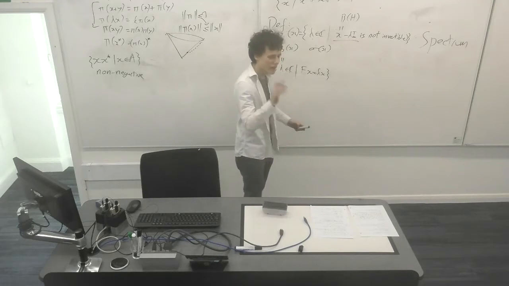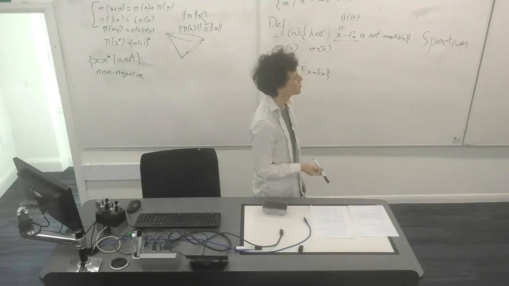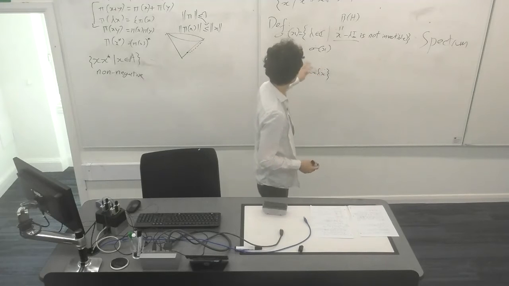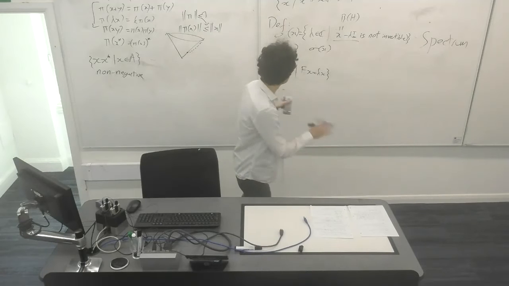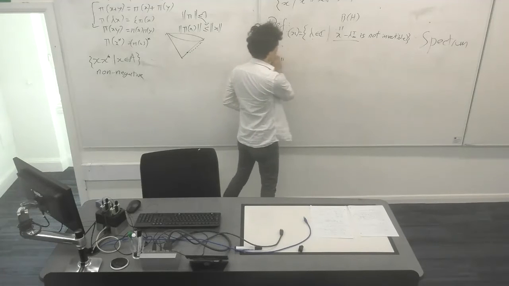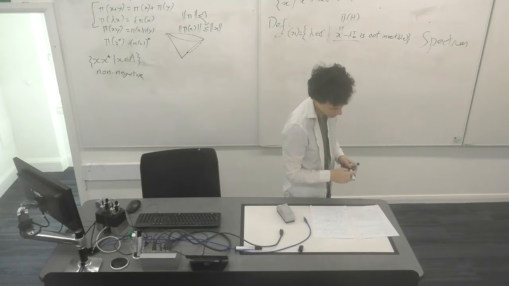If you ask me afterwards, I will find an example, rather complicated, of something which isn't equal. This is just to make sense of it. You don't actually do that. This is the spectrum of an operator.